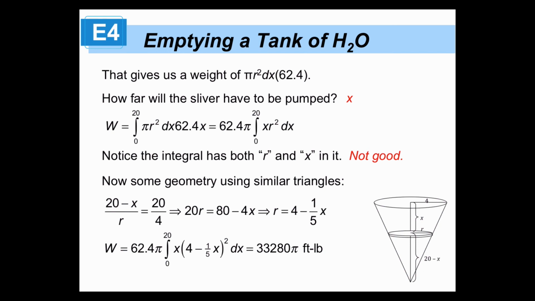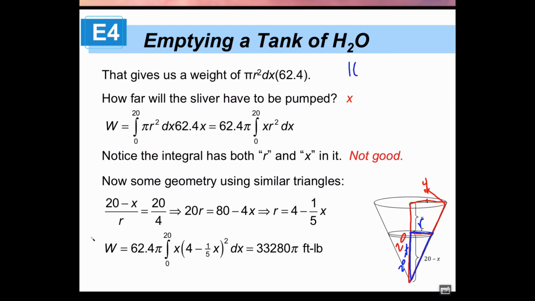Okay. Square the binomial first. Square the first term, multiply the two together, double it. 4 times 1/5 is 4/5, doubled is 8/5. Square the last term.